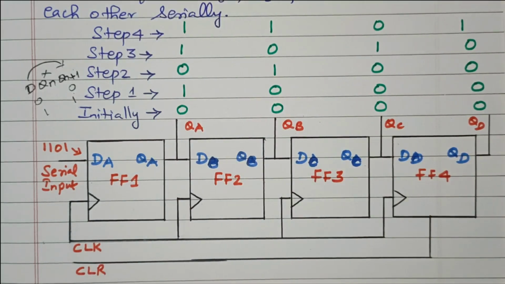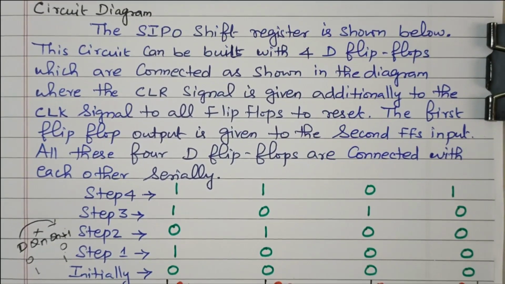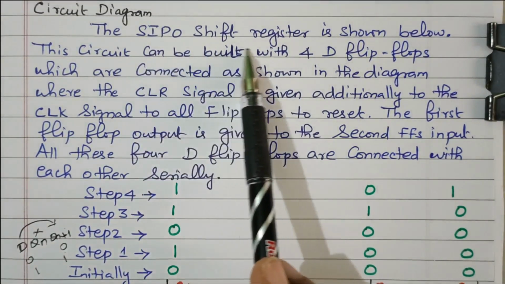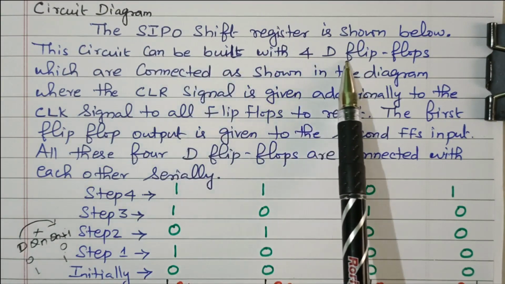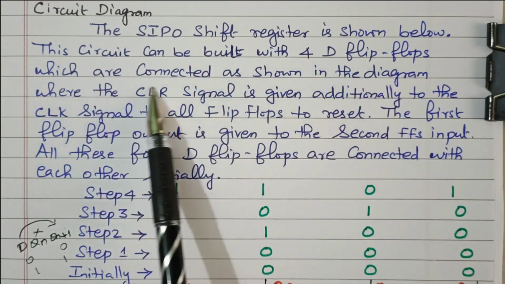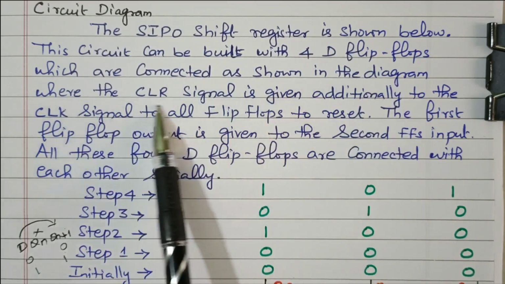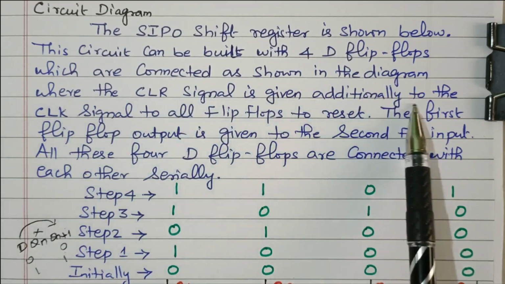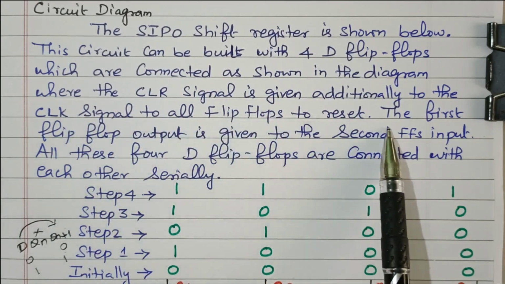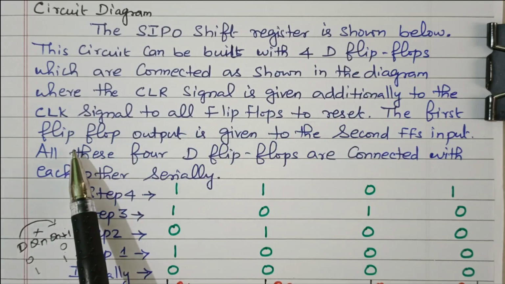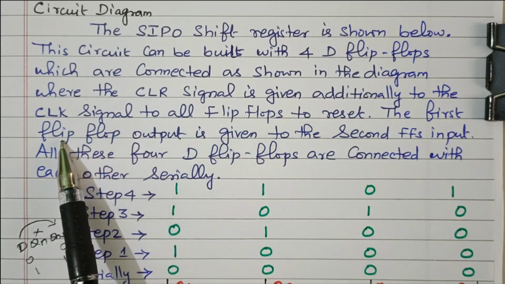Right. Now we'll see the description. The SIPO shift register is shown below. The circuit can be built with 4 D flip-flops connected as shown in the diagram, serially. The clock signal is given to all the flip-flops, and the clear signal, to reset them, is also available in the diagram apart from the clock signal.